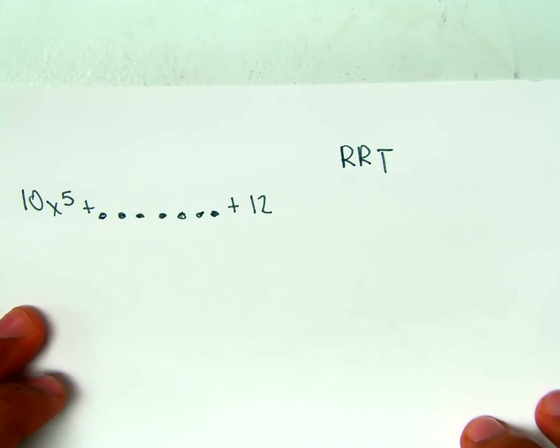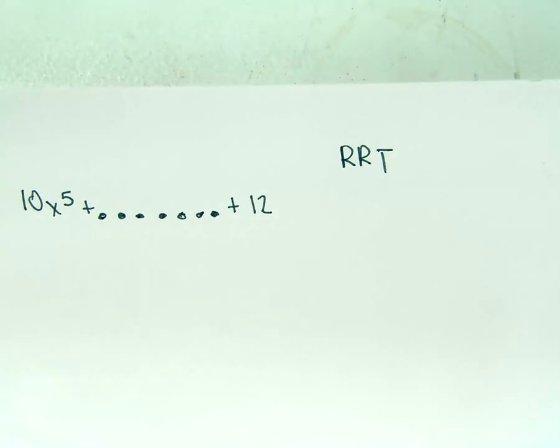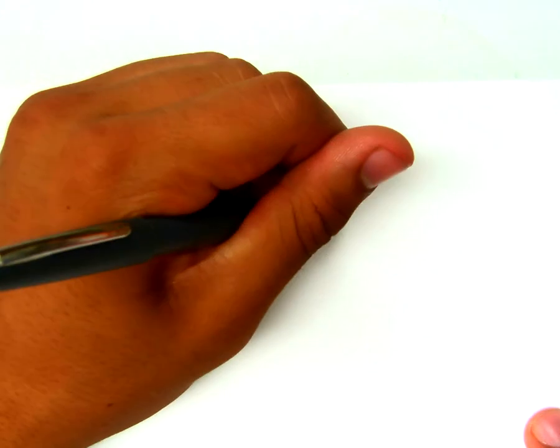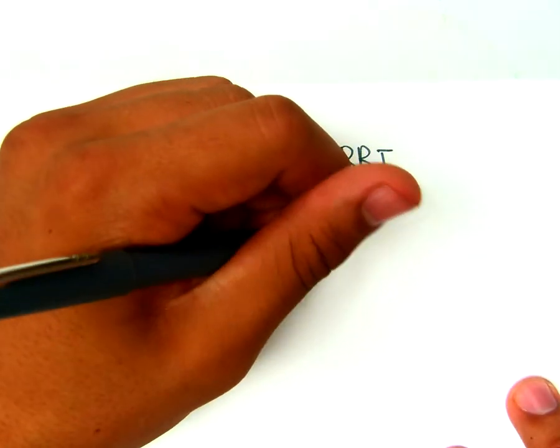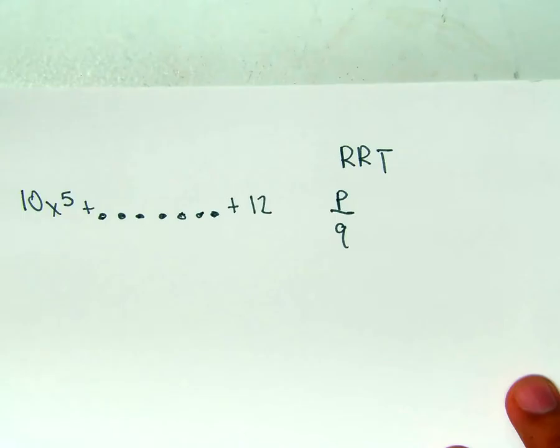Okay? And if we're going to use the rational root theorem, we have to have a whole sheet of paper ready. And we're going to find our P over Q. Okay? What's our P?